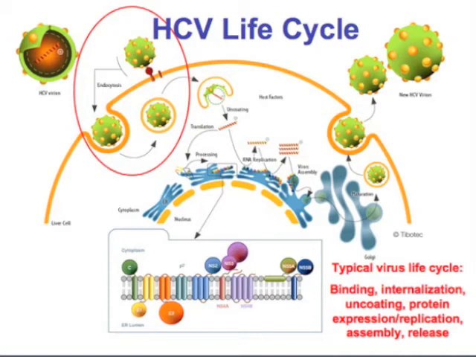The non-structural proteins convert the positive stranded RNA into negative stranded RNA that serves as a template for positive stranded RNA. And then virus is assembled at ER membranes, and as we'll discuss, at lipid membranes, and then the virus exits the cell.